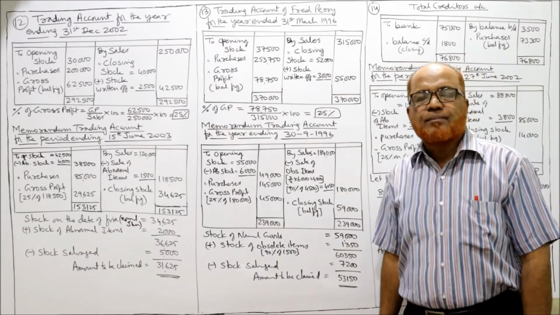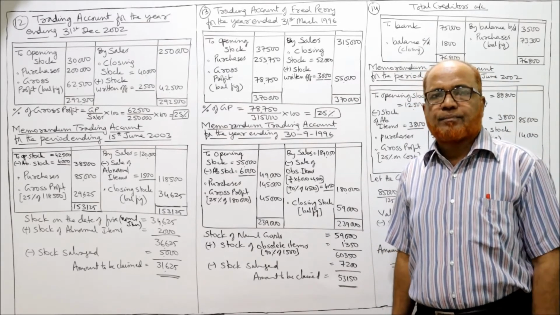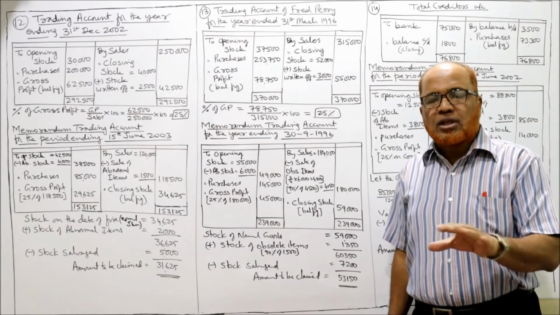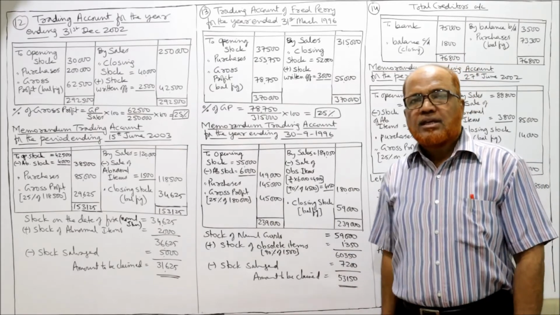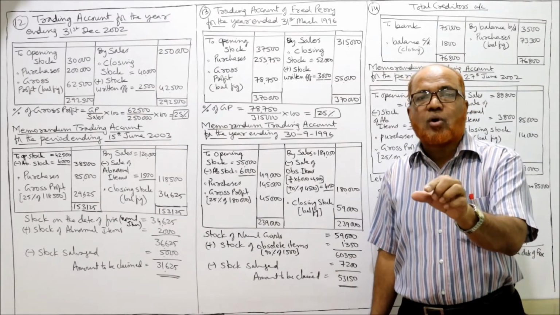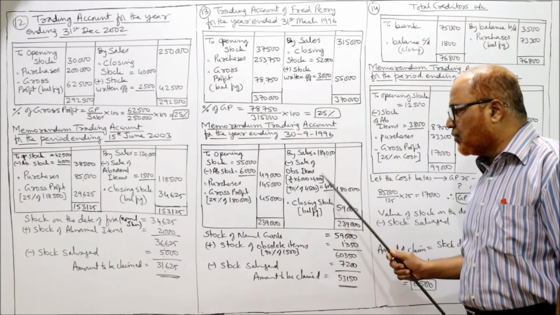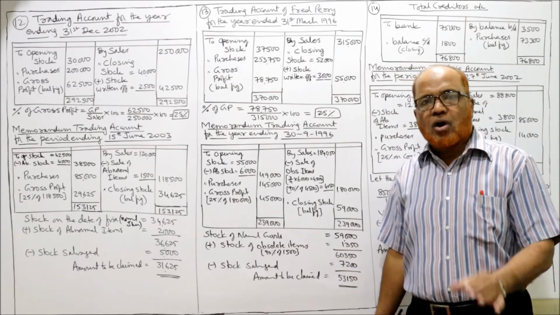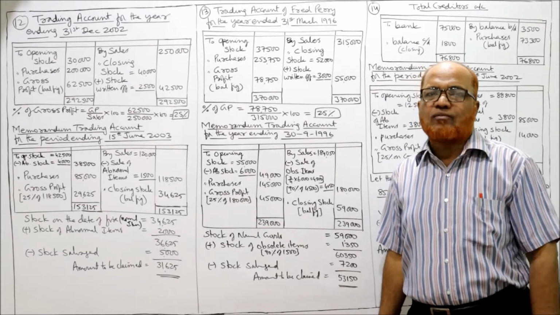Now from the sales we will subtract the sale of obsolete items. The total cost of obsolete items was 6,000. 3/4 of this 6,000 was sold. So 3/4 of 6,000 will be 4,500. The cost is 4,500 and it is sold at 90% of cost.